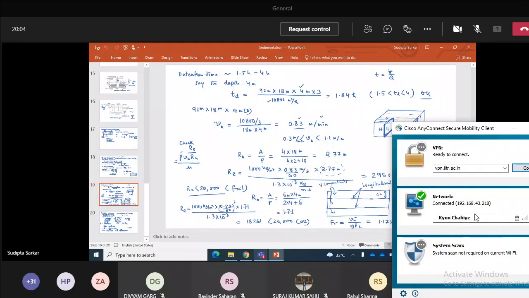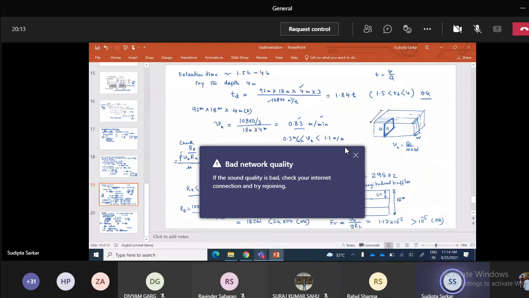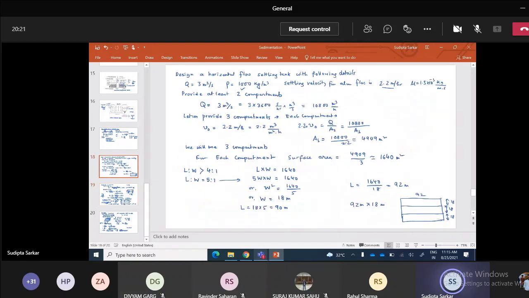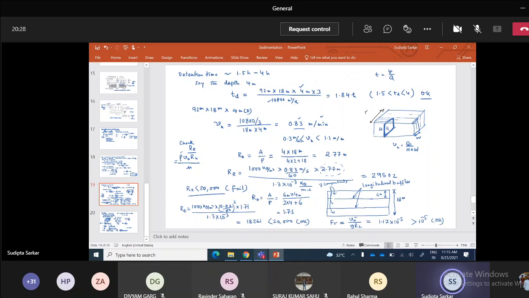So ultimately, what was our design? We had 3 basins, each 92 meter by 18 meter. So we actually had 54 by 92 meter space taken up by our basin.